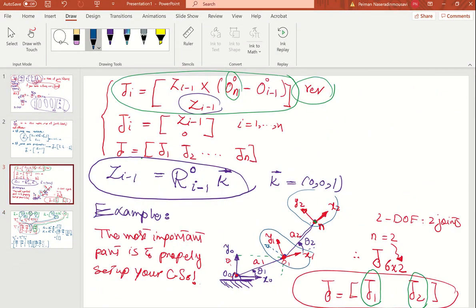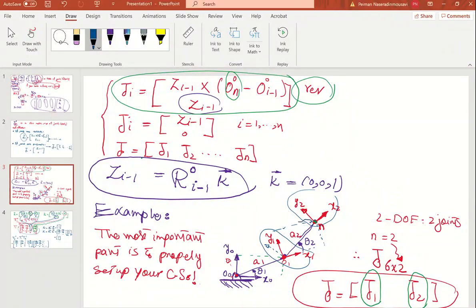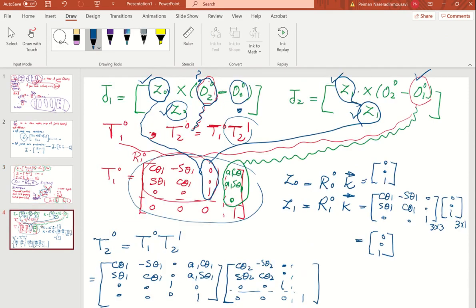Now it's transformed, so this is transformed in these values. Let me show you, I want to magnify. How much? A2 cosine theta 2, A2 sine theta 2. What, z?